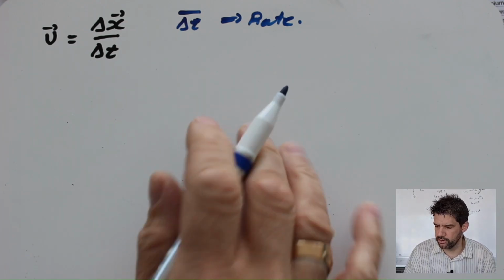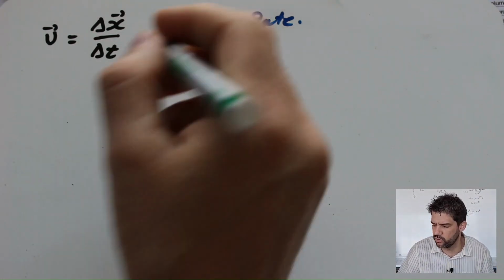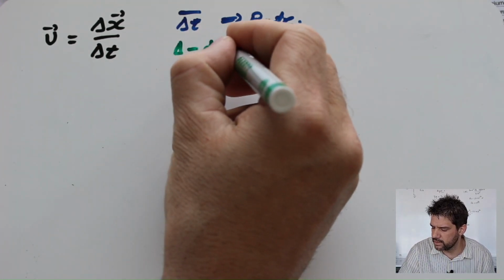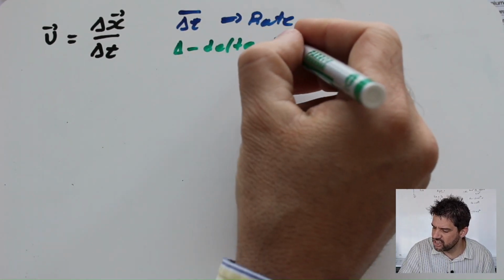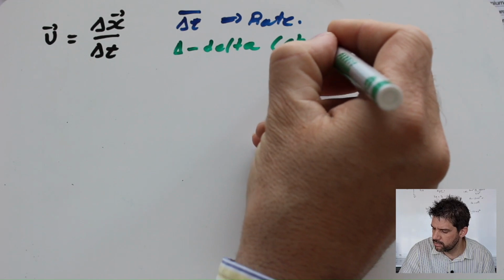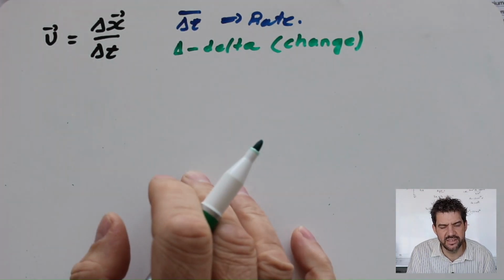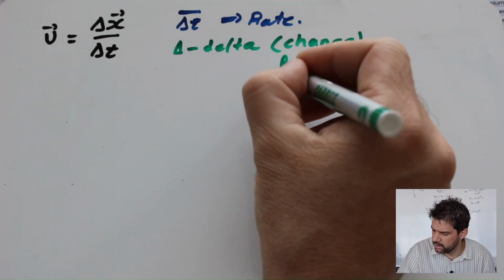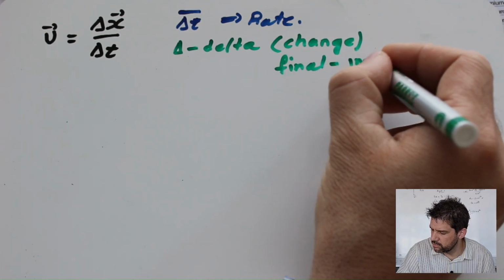Second important point to take into consideration, and you must remember, it's not for this question only: this is called delta. Delta means change, and in other words, change is final minus initial.